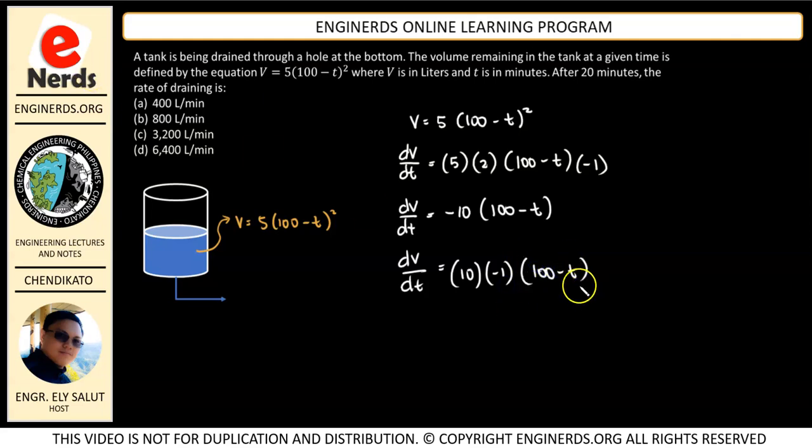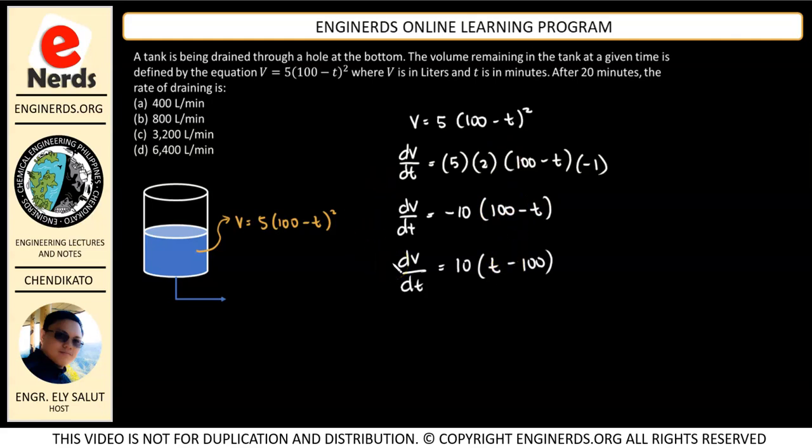I just want to put our equation this way para mas madali natin siyang ma-visualize, no? So if I will multiply negative 1 here, I will have T minus 100, right? So let me delete this. So I will have positive 10 times T minus 100. Okay?